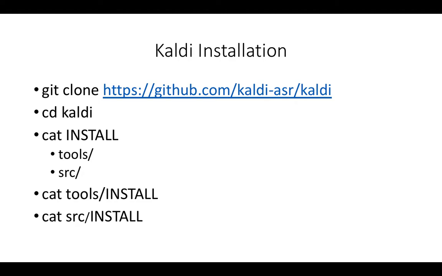So, first use the git clone command to download Kaldi, and then go to the Kaldi main directory, and you will see some directories such as tools, src, egs and misc.